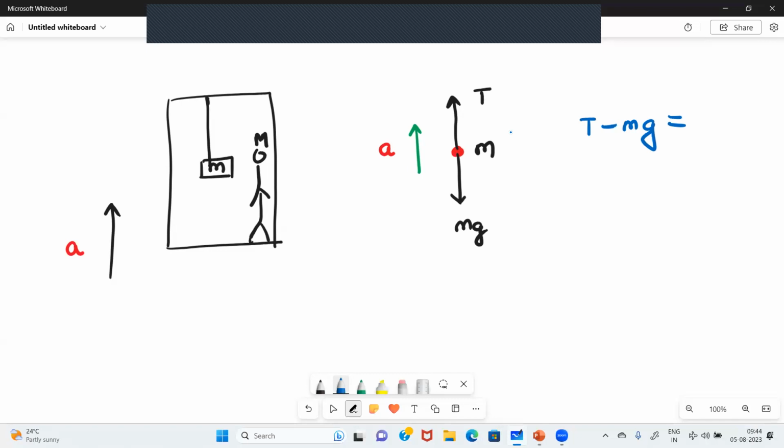Net force is equal to MA. Good. What is tension equal to? Mg plus MA. Mg I'm taking to the other side.